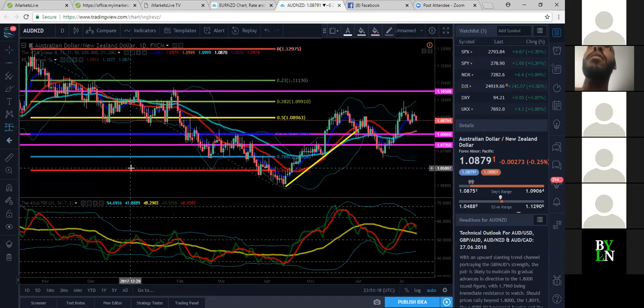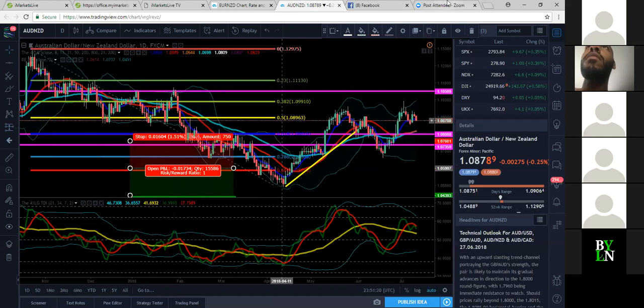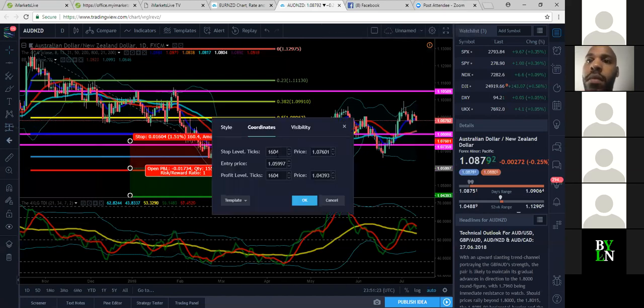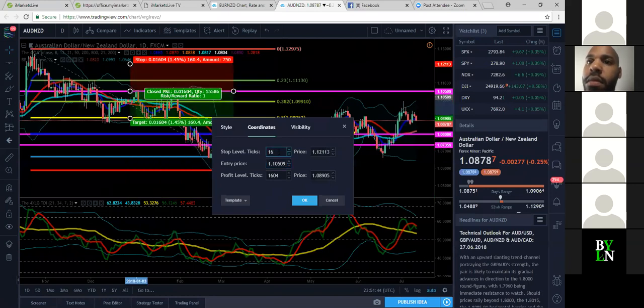I can place it anywhere, and then I'm going up here to the gear, and I'm coming down here to the coordinates. I'm going to erase this number here, and the number I put in was 1.10509. And remember, I'm coming up here. And my stop loss is how many? How many, y'all?